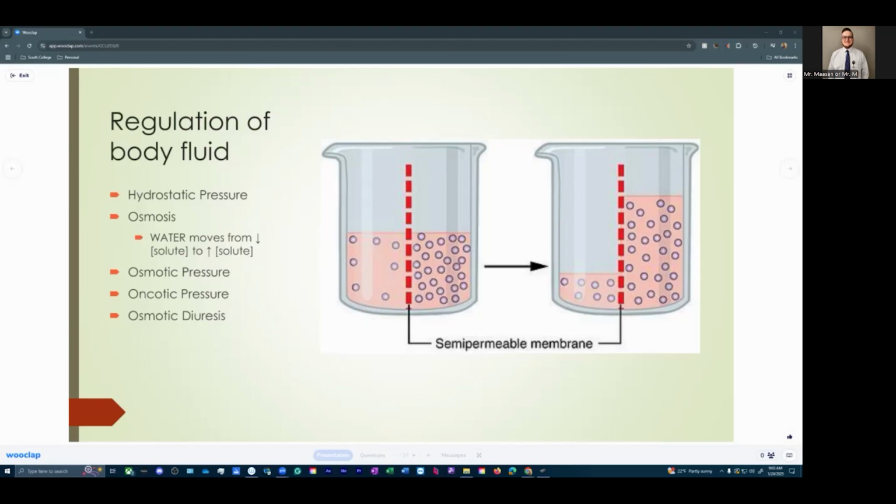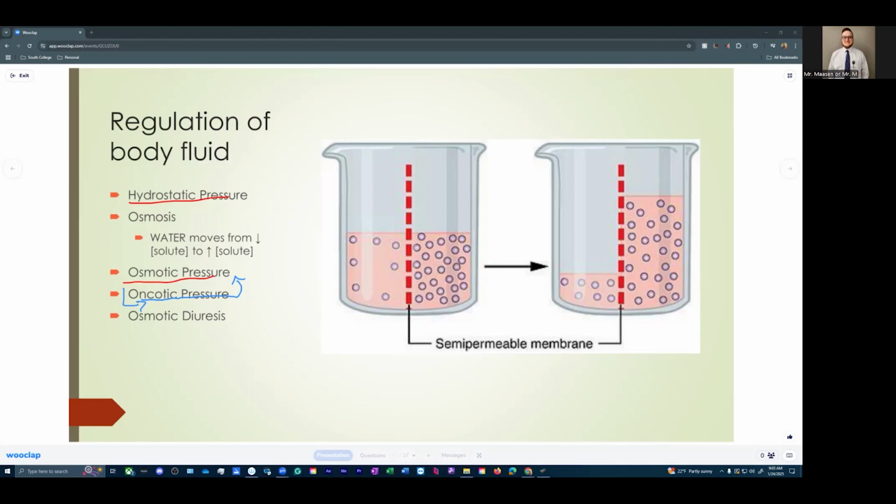But oncotic pressure is basically a subtype. Osmotic pressure and hydrostatic pressure are the main contributors to this, but oncotic pressure is like we could indent this, a subtype of osmotic pressure.